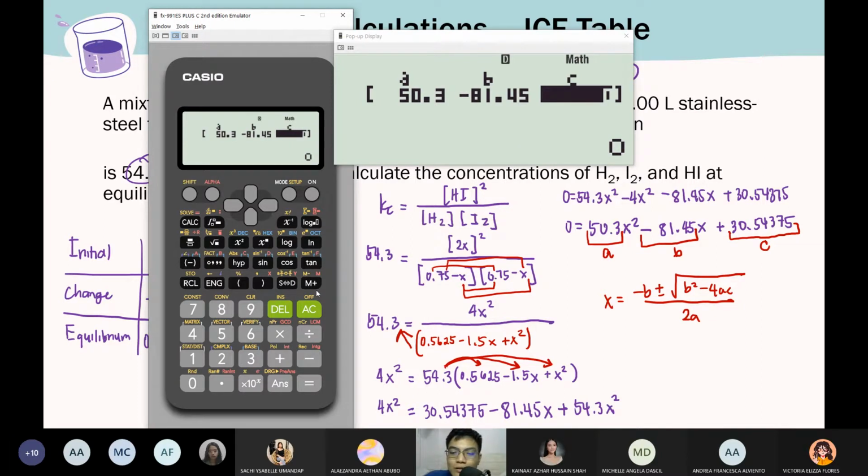So just type everything. 30.54375, press equal sign. And then confirm if tama yung values mo. So A, 50.3, B, negative 81.45. Again, you have to include the negative sign. Okay? And then for C, that's 30.54375.